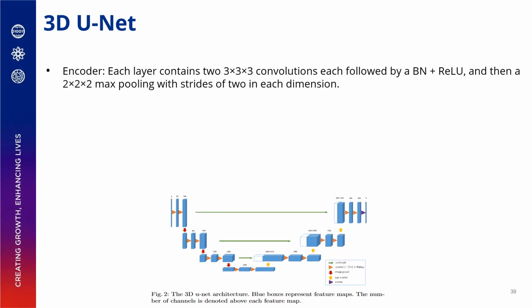So to expand a bit more on what the 3D U-Net does compared to the 2D U-Net, in the encoder itself, like you had 3 by 3 convolutions in your 2D U-Nets, now we have 3 by 3 by 3 convolutions.